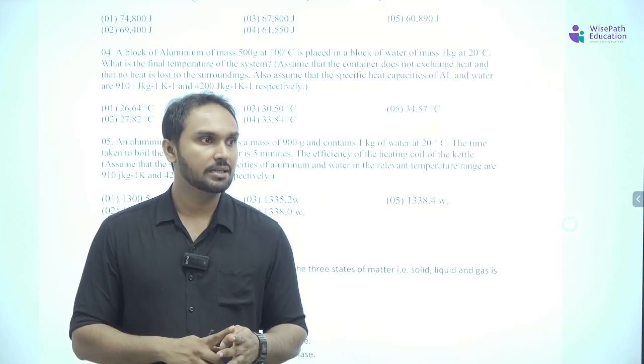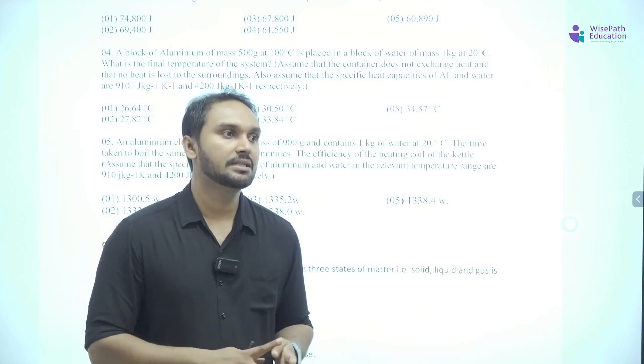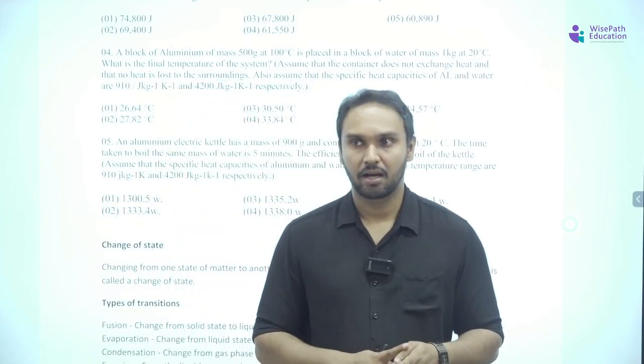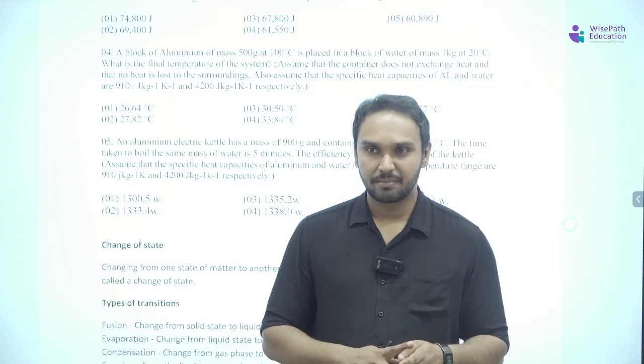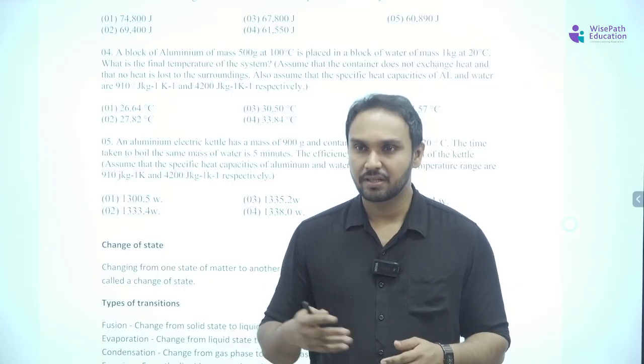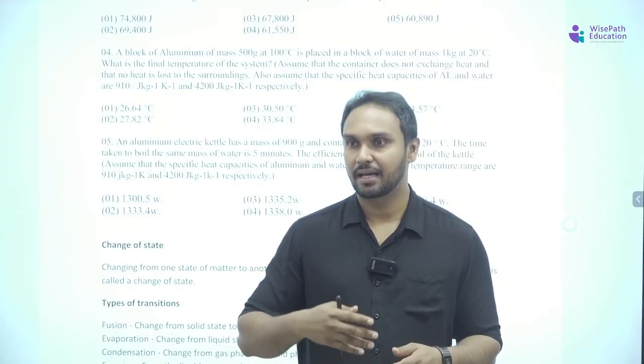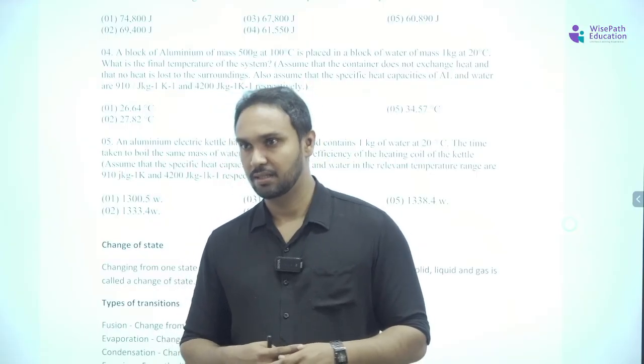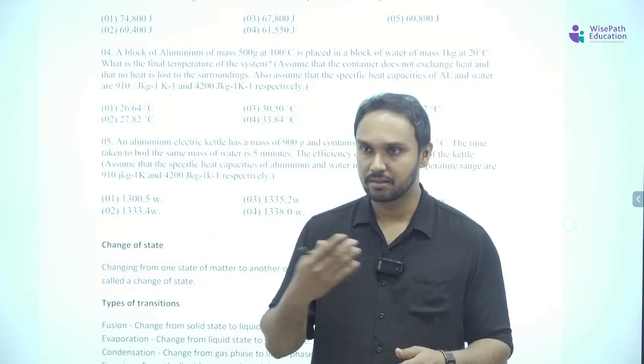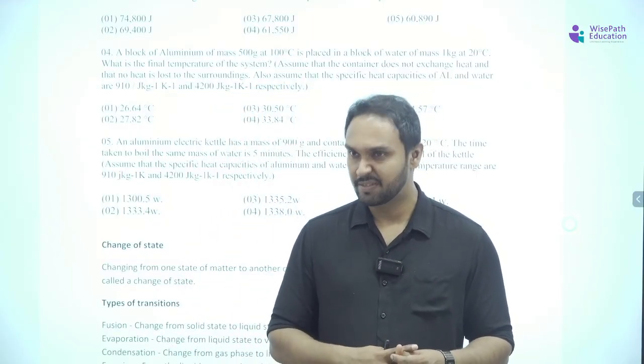So you have to find the efficiency of the heating coil. How do you find it? Efficiency means the rate of working or the rate of energy consumed, right? The rate of consuming of energy is the efficiency.